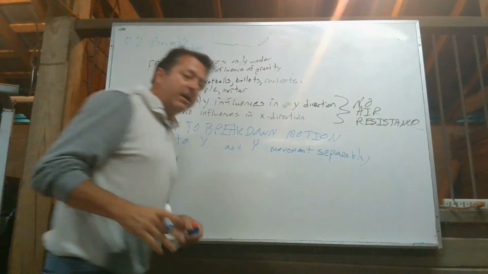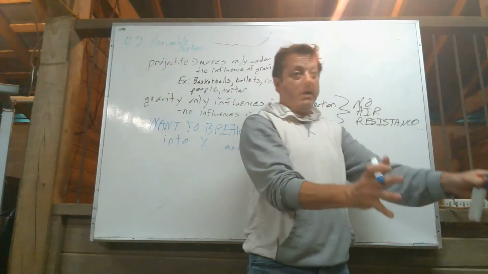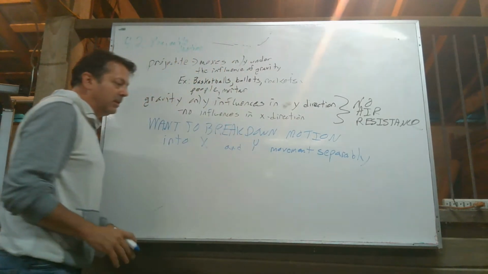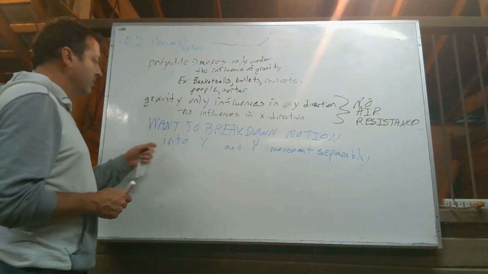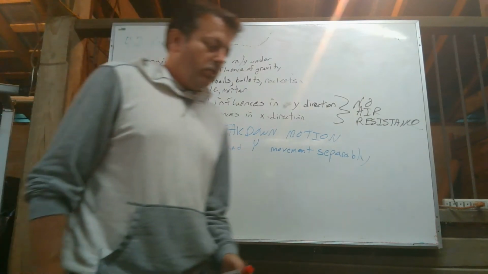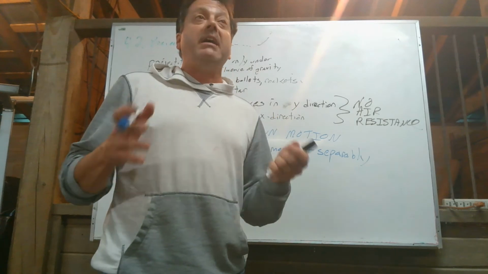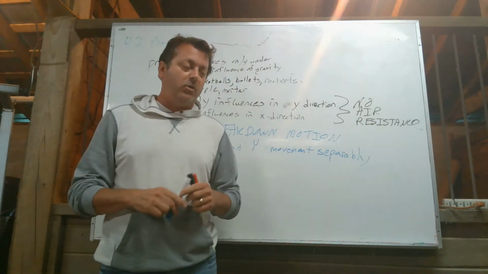You want to separate out x and do x. It's x motion here, y motion there. And I'll do an example here in a minute. We'll try to get two examples in to show this. Okay? So, normally when you have projectile motion, you initially need to know how fast it's going. They'll give you an initial velocity, or maybe they won't. You have to work your way back to it.